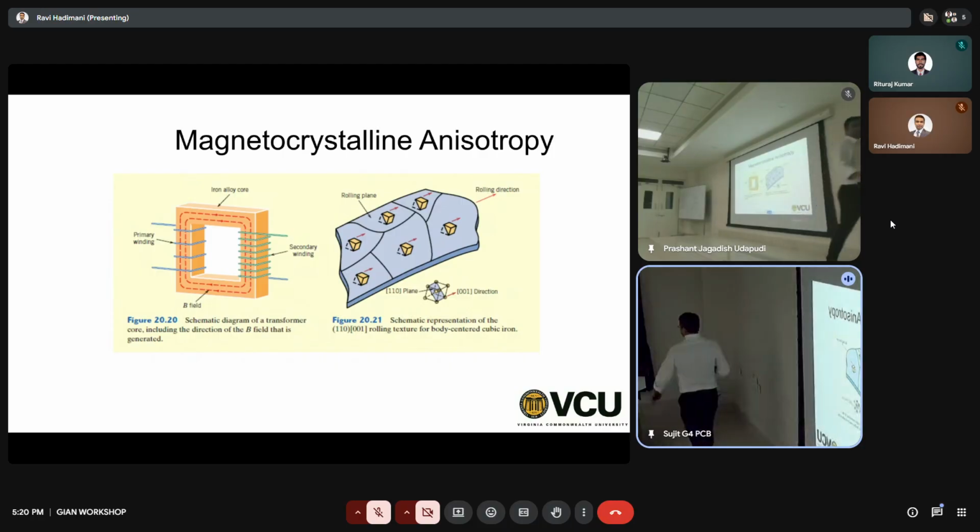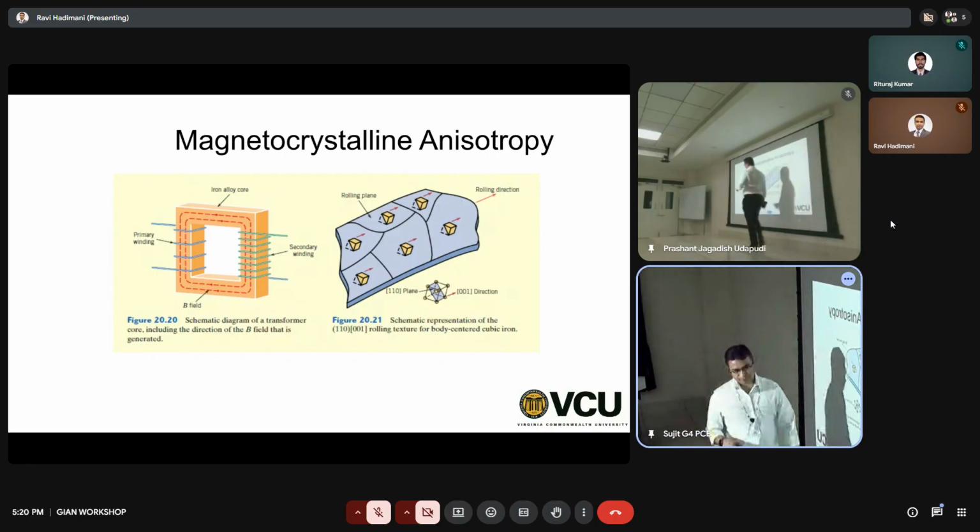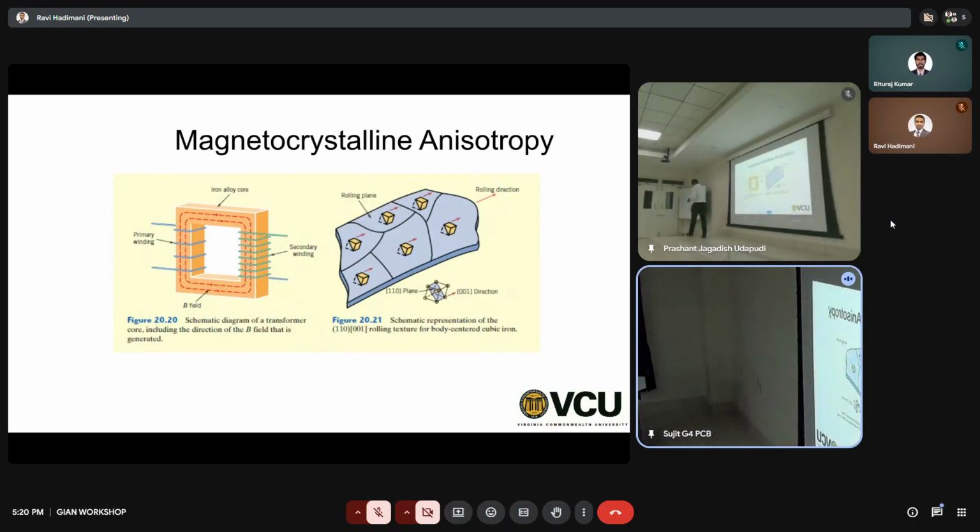So magnetocrystalline anisotropy also determines your coercivity. This coercive field is higher for materials with high magnetocrystalline anisotropy.